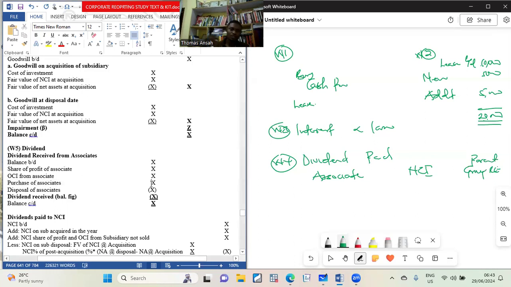So what you bought in the associate. You know how you do your associate: purchase consideration, share of profit. So that is what you see here. And if there are other things from the OCI you bring, if you also dispose of an associate, then this is it. All right. You also dispose the associate.